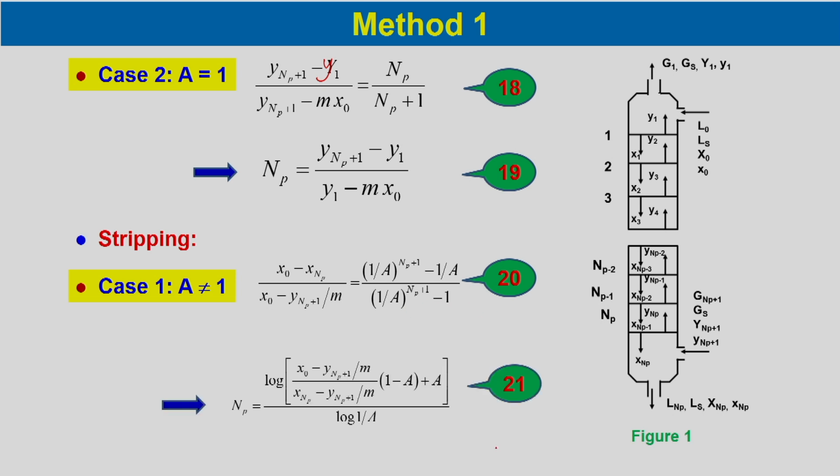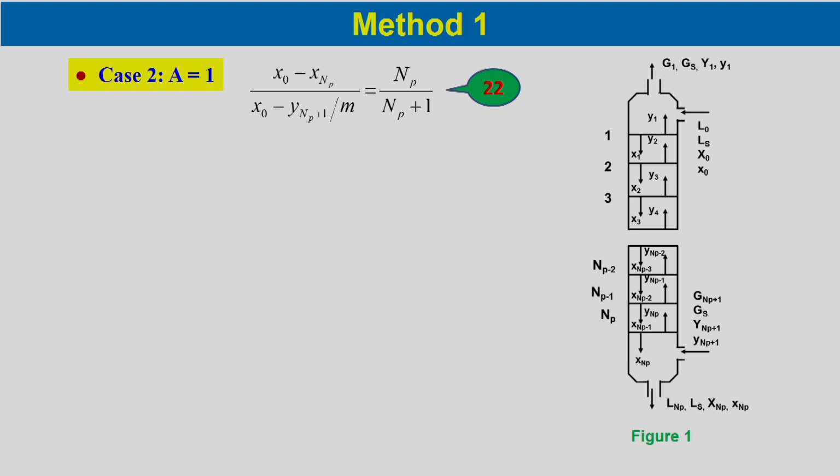Here if we take the log, then we would obtain this relation where the terminal concentrations are known, and knowing the value of the absorption factor, all these are known factors. So, we can calculate the number of plates required for stripping as well.